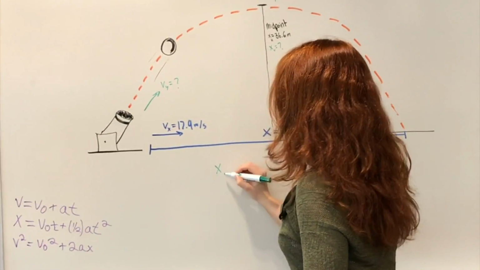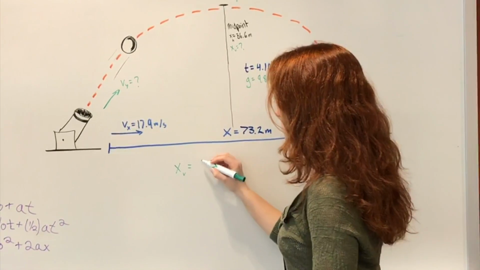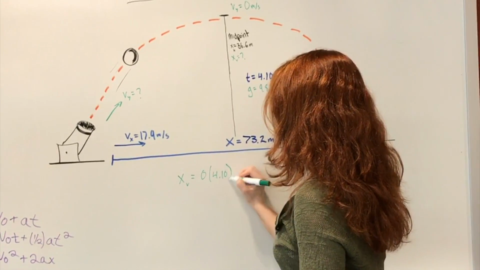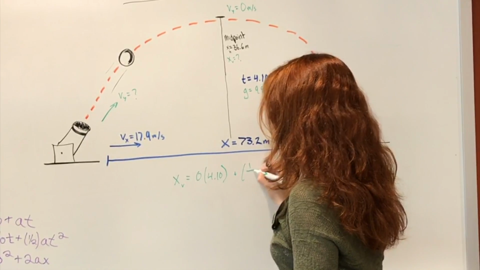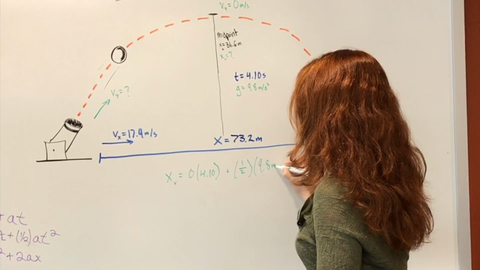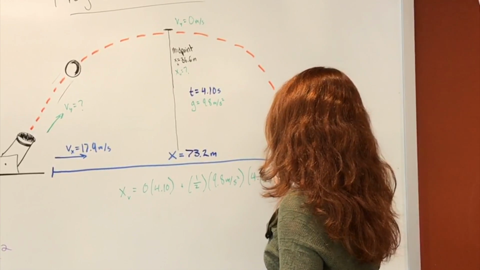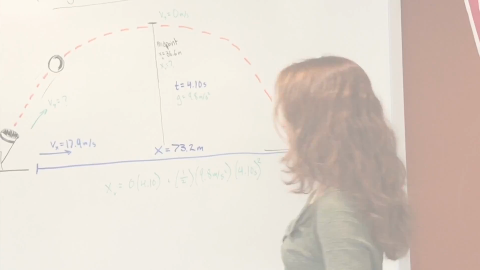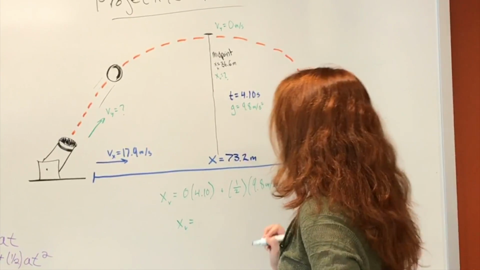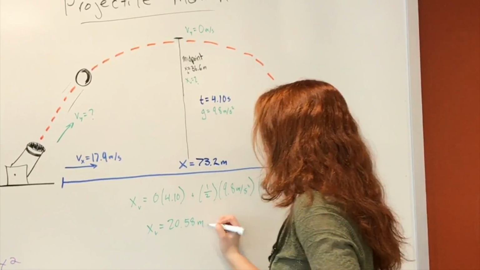So our vertical displacement, or how high it goes, equals our starting velocity, which was 0, times time, plus 1/2 acceleration times time squared. When you solve this out, you get the maximum displacement to be 20.58 meters high.